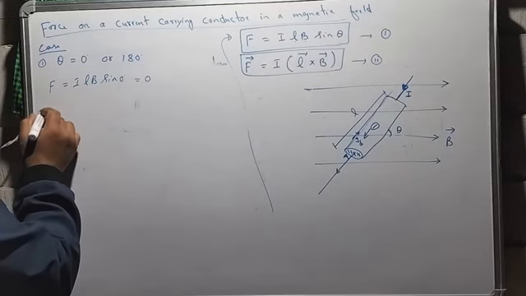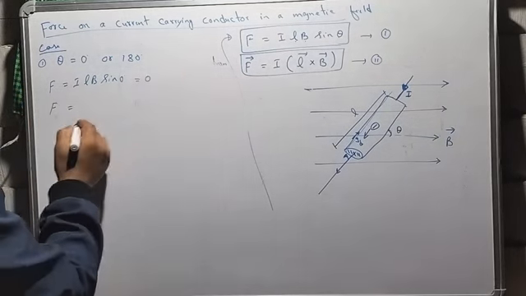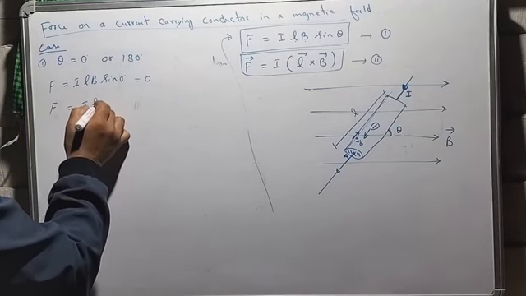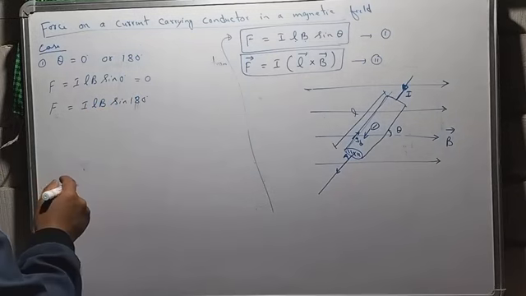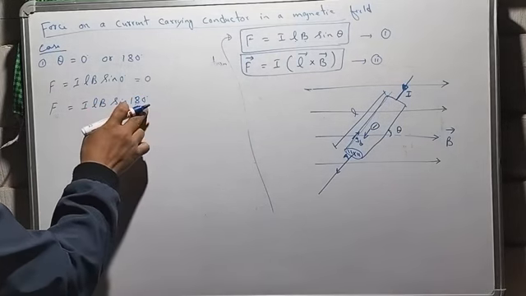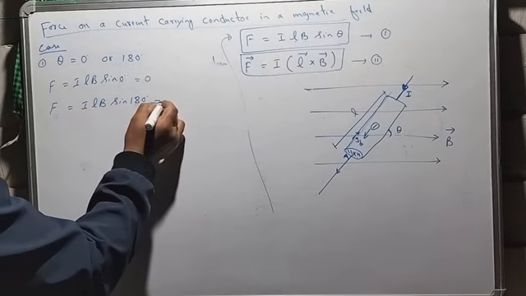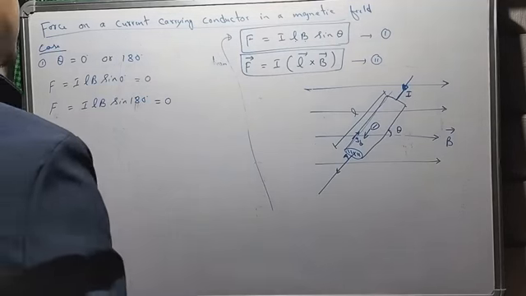Again, when theta is 180 degrees, equation 1 becomes ILB sin 180 degrees. Sin 180 is 0, so F is 0. What does it mean?